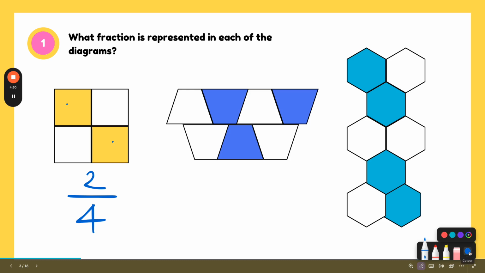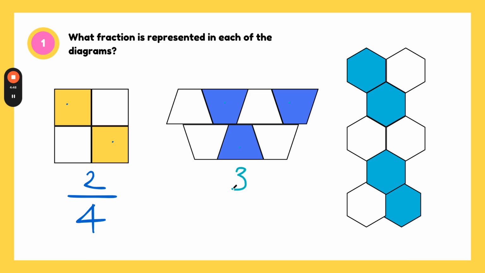Okay, so the second diagram. We need to look at how many parts are shaded. This will be our numerator. There are 1, 2, 3, which means 3 is our numerator. This is how many parts are shaded from the whole.